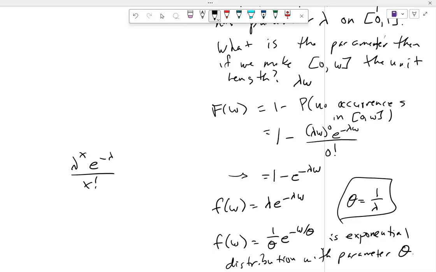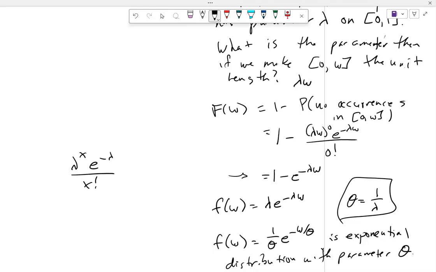Let's think about it this way. If you have 2 occurrences every hour on average, how long would you expect to wait until the first occurrence? Half an hour, right? They're related as reciprocal ideas. We're going to come back to that in a second.